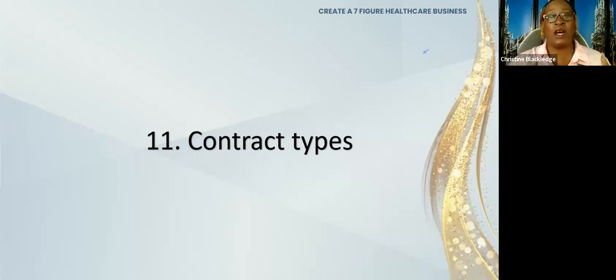It's all about cost, and it's about creating multiple streams of income, so that creates a stronger benefit for the organization, and the staff members that you have will also be happy because they've got work. So you need to think about what type of contracts you are going to have.